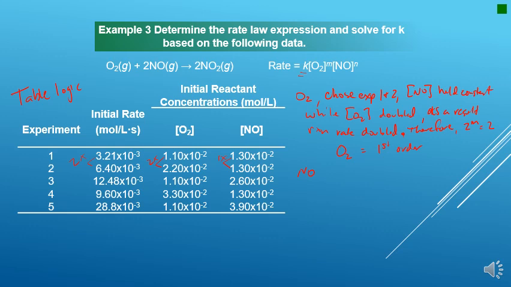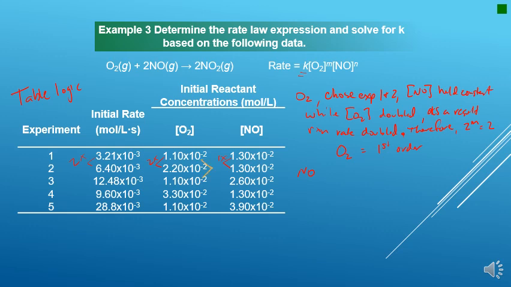Now, going on and doing the NO, I want to choose an experiment in which the concentration of O2 stays the same while the concentration of the NO changes. So as I look at a couple of choices, we want to find one where the O2 stays the same. So we can do experiments 1 and 3.